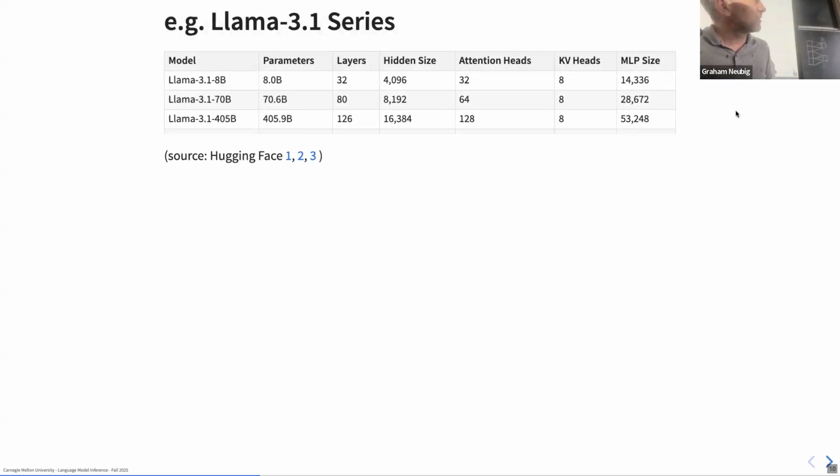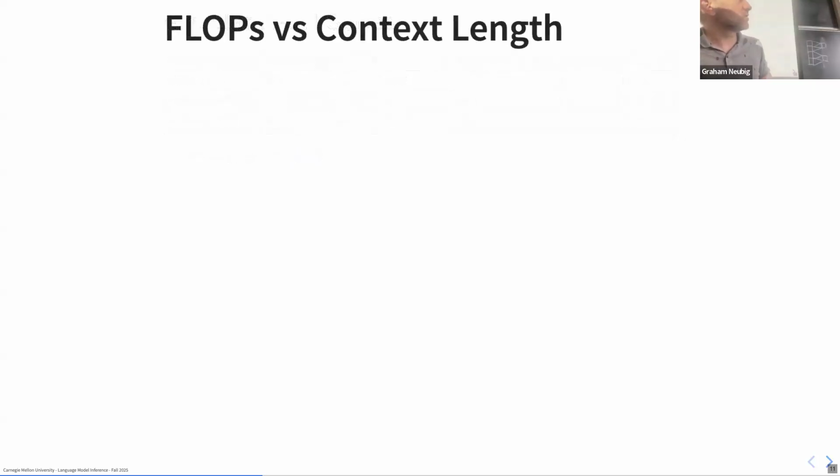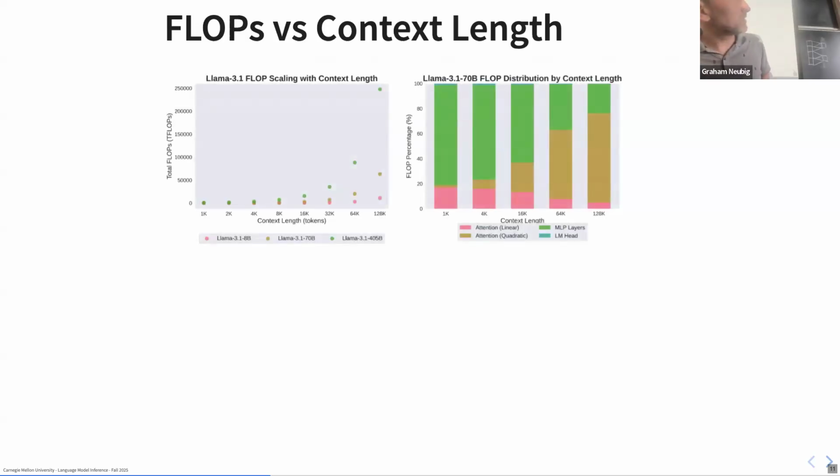One other thing I forgot to put in this table is that the maximum context length is 128K. Because the maximum context length is 128K, the largest L would become, in these cases, 128K. So let's look at the flops that we spend on each component versus context length. Basically, it looks like this.